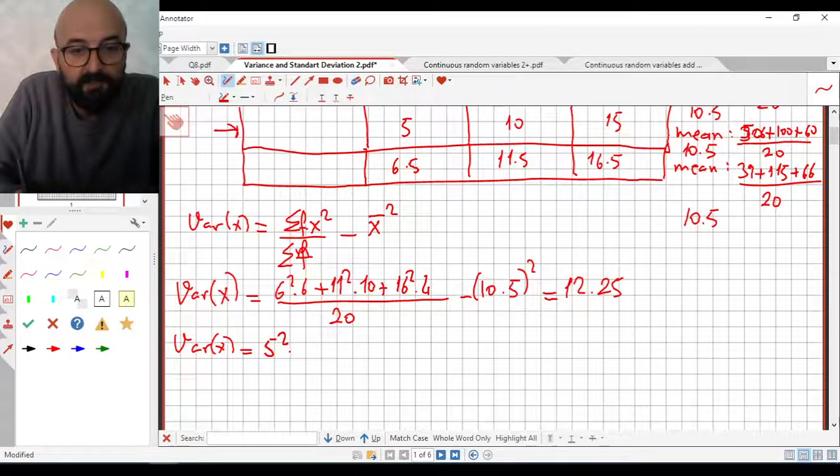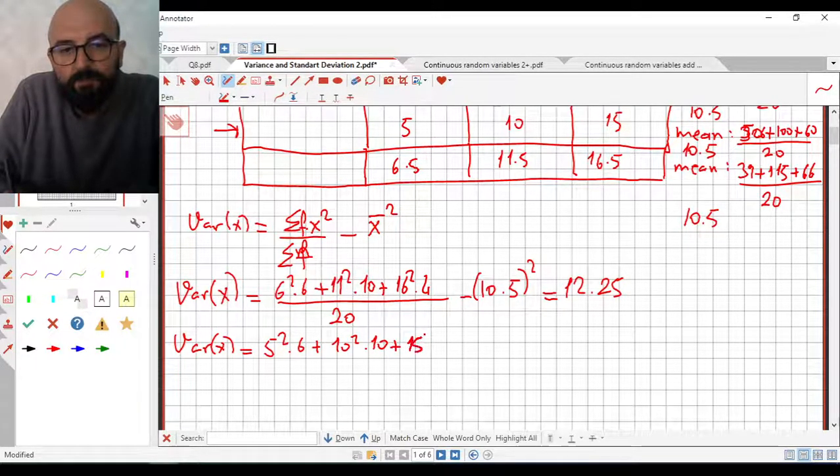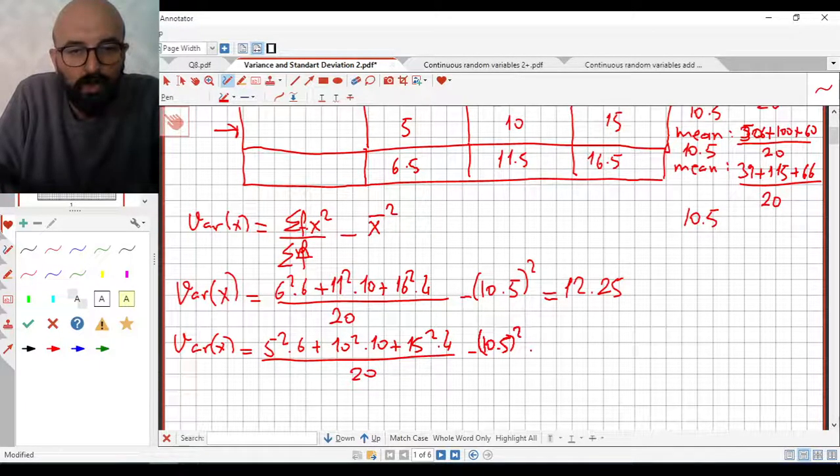And the other section for the second row, our variance: 25 square multiply 6, 10 square multiply 10, and 15 square multiply 4 over 20, minus 10.5 square, and also means 12.25.